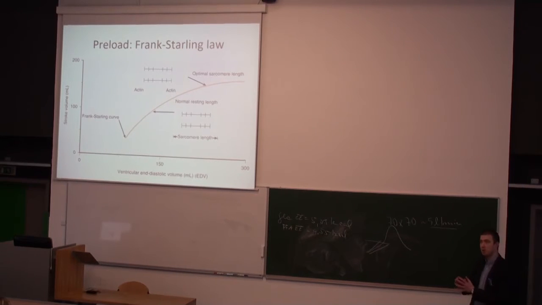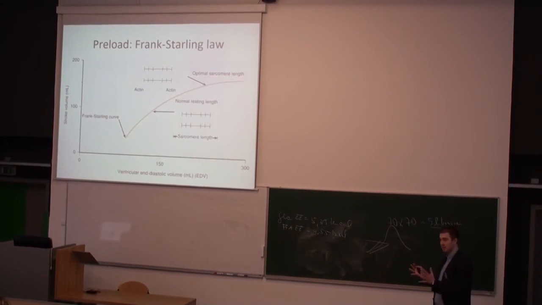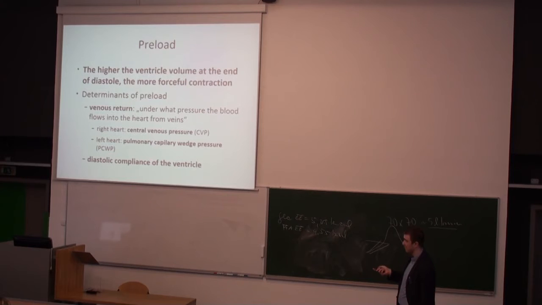That means that the heart will dilate quite easily. The problem is, if you have some diseases that limit the compliance of the heart wall. In that situation, it's very difficult for the heart to dilate, and the law doesn't work.